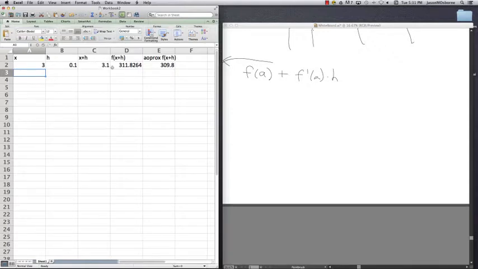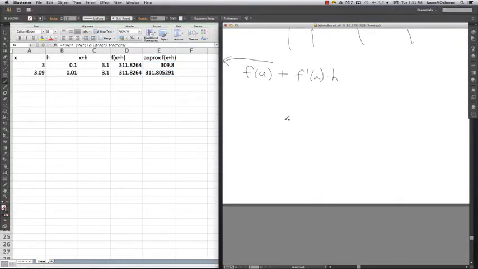So now you're set up to change the values, take an x value that's closer to the point where you're actually trying to approximate. So let's say 3.09. This h value has to be 0.01. You add these together. We can now drag our formulas down. So all those numbers should have been the same, and here is the difference.